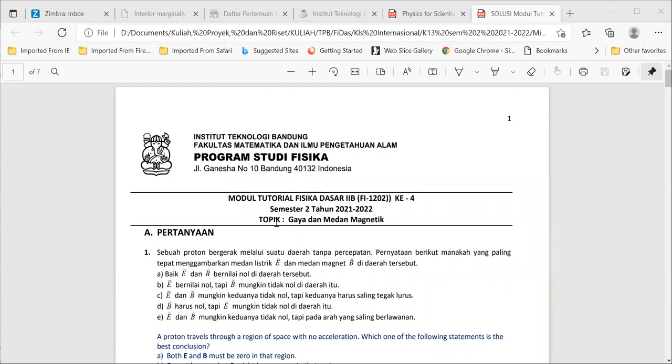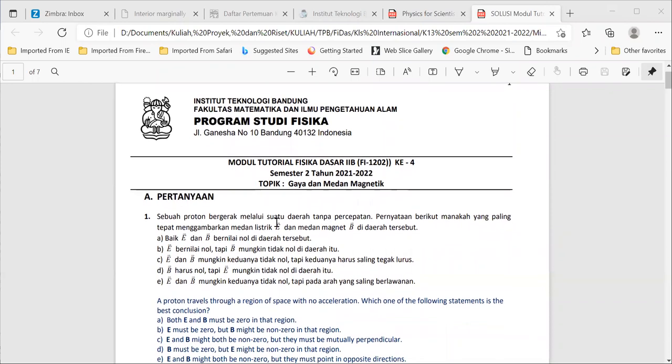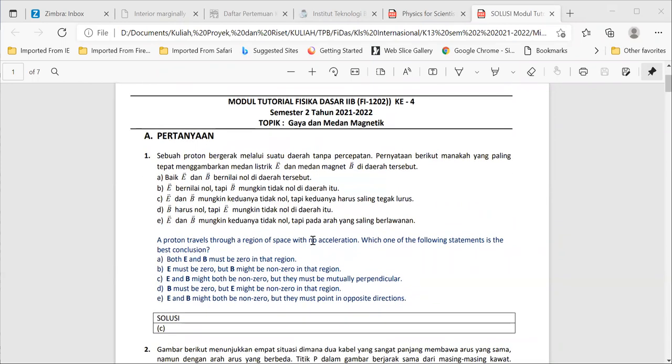Question A. A proton travels through a region of space with no acceleration. Which one of the following statements is the best conclusion?